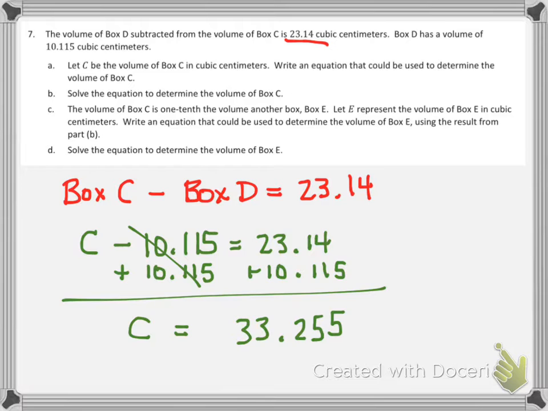Now, part C, the volume of box C is 1/10 the volume of another box, box E. So E represents the volume of box E in cubic centimeters.